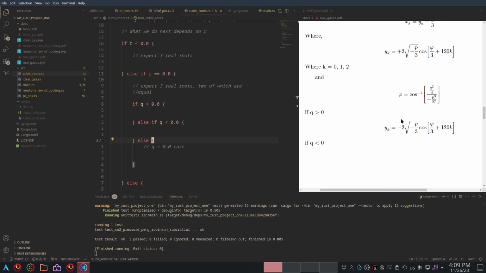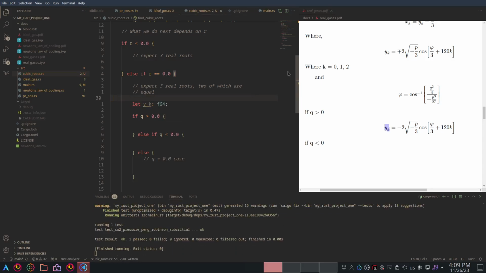We want to get the easy parts out of the way first. So first thing first, I'm going to declare a variable called yk, and this should be a float variable, f64.